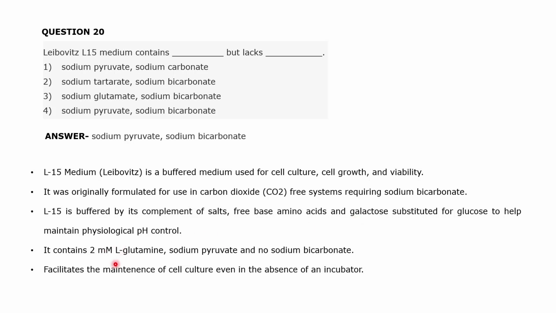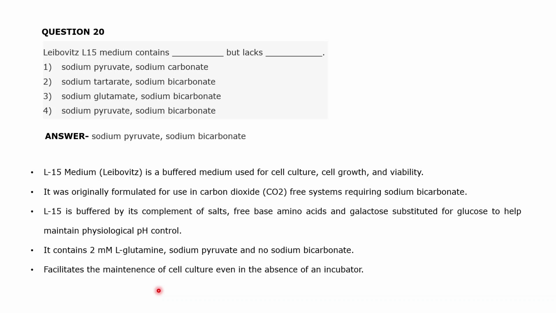Apart from that, it also contains 2 millimolar L-glutamine, sodium pyruvate, and no sodium carbonate, as we discussed before, because it does not depend on carbonic acid buffering. Sodium pyruvate is also used because it is a free radical scavenger, and it can be used as an energy source to produce ATP, and it maintains the cell culture even in the absence of a CO2 incubator.